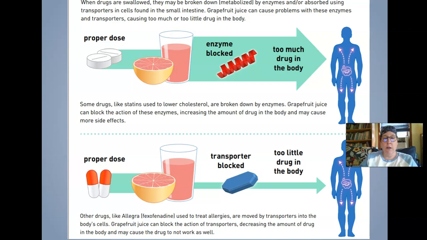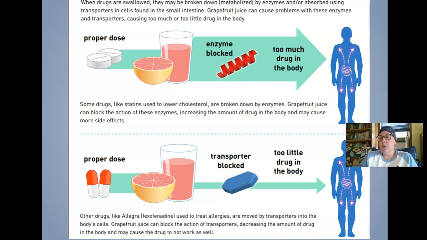Again, on another one, a proper dose like Allegra, used to treat allergies, is now over the counter. Allegra is moved by transporters into the body cells, so it needs those transporters to be absorbed and then to have the effect. But the grapefruit juice can block the action of these transporters, which then decreases the amount of drug in the body and can also cause the drug to not work well.